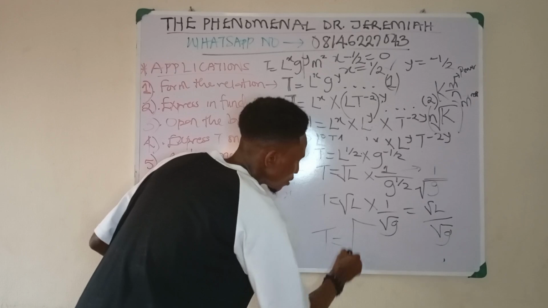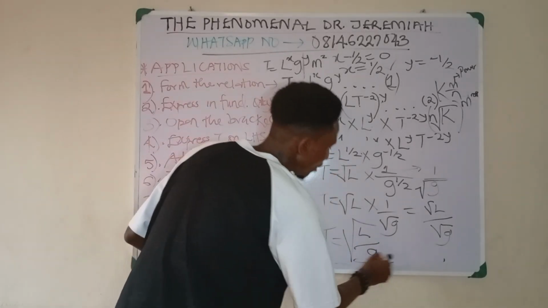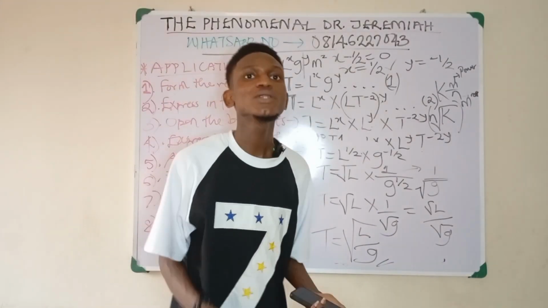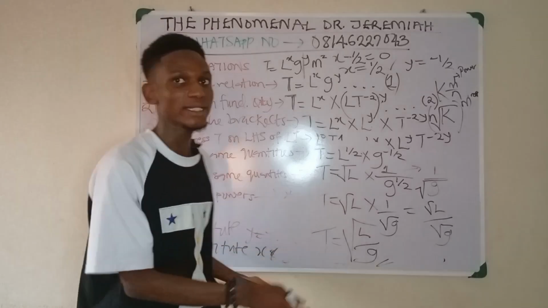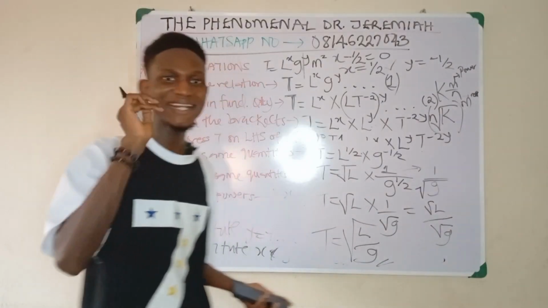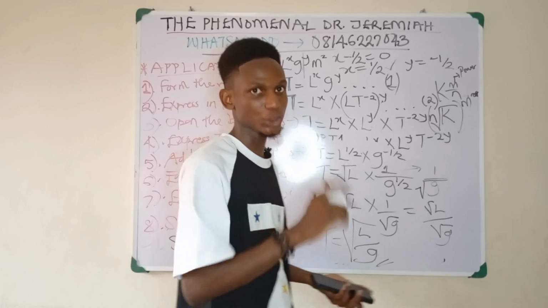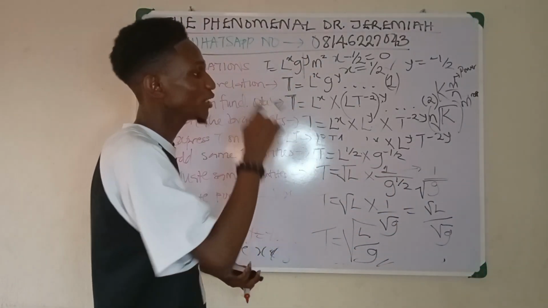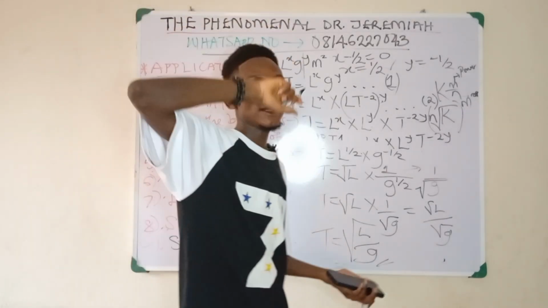You're going to get square root of l over g. I don't know if you remember this relation in physics. The period depends on length and gravity by this equation. So this is the formula we have gotten from that relation we were given.